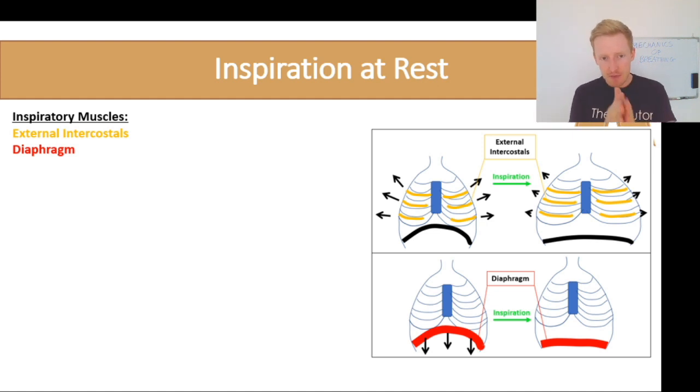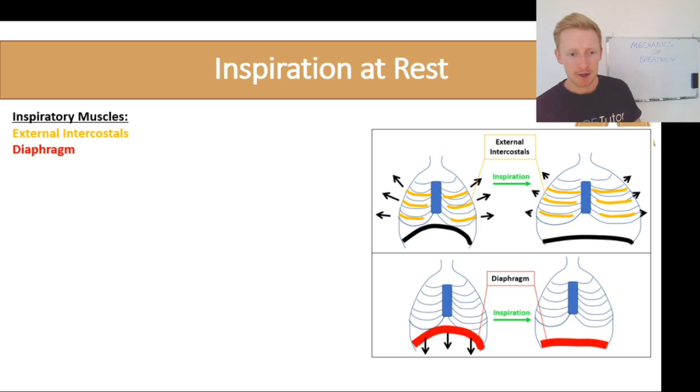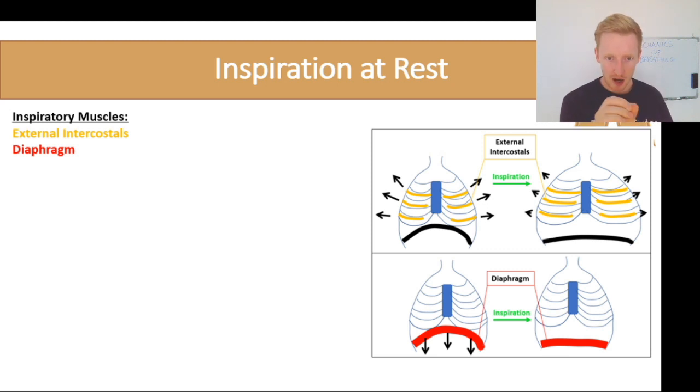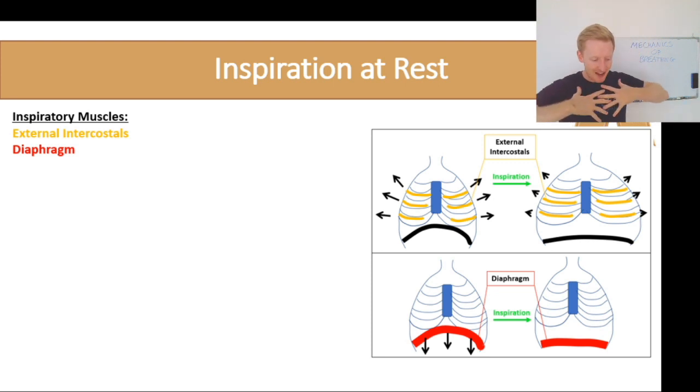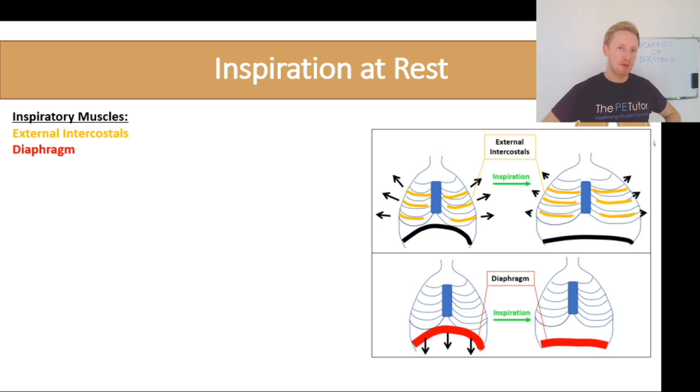And as you can see from the diagram, we've got these orange lines on the top half, and these are our external intercostal muscles. Okay, external because they lie on the outside of our rib cage. You might be thinking, well, why external, not internal? Well, external intercostal muscles, well, any muscle for that matter, they can only ever pull. So muscles which attach onto a bone, they have to be able to pull that bone.